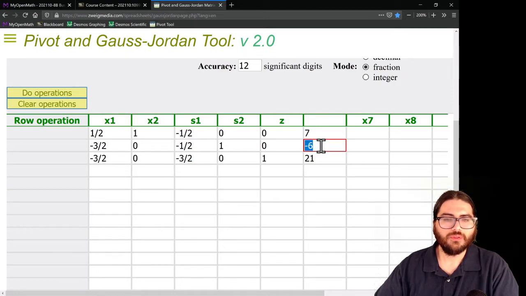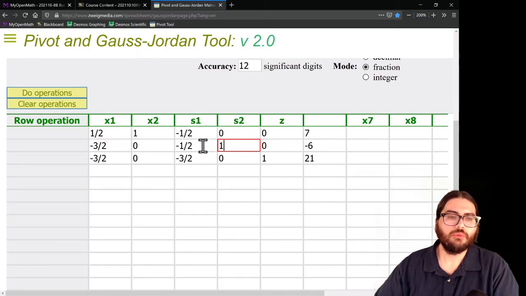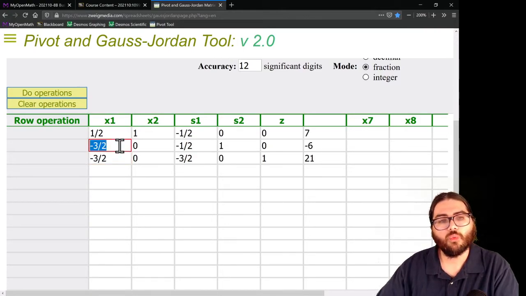The second row, the only negative number, that represents S2. So S2 is my exiting variable. I do my ratios here. That's 3/2 divided by 1/2. Negative divided by negative is positive. So that ratio would be 3. This ratio would be negative divided by negative is positive. 3/2 divided by 3/2 is 1.